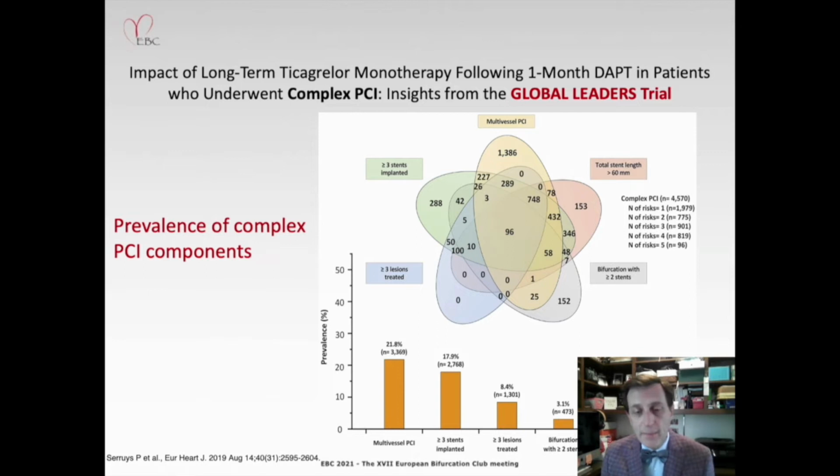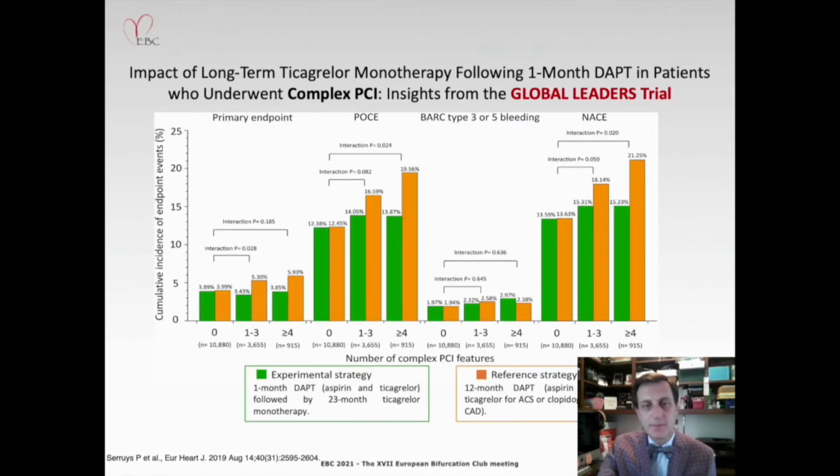Going down to the characteristics, we have about 475 patients with bifurcation with 2 stents, and the more you can see in the middle, about 3%. And overall, the most common characteristic of complexity was the multivessel PCI, or more than 3 stents.